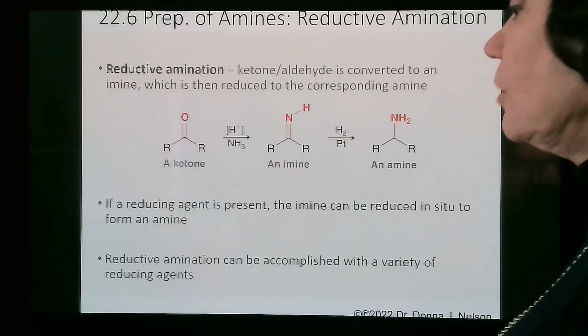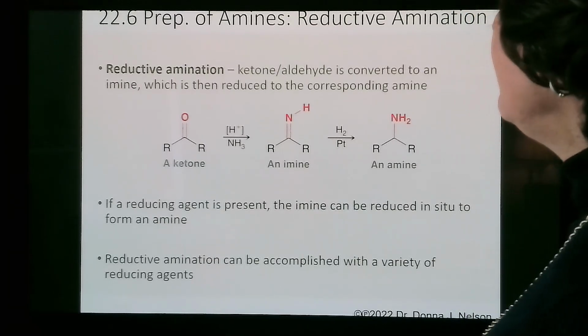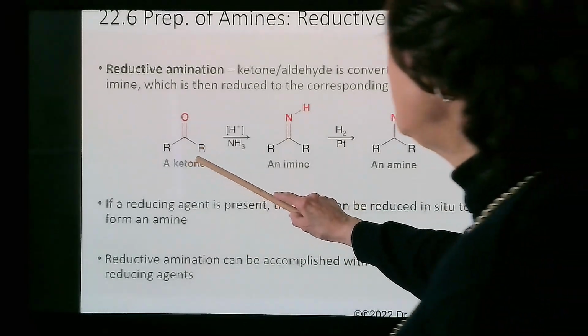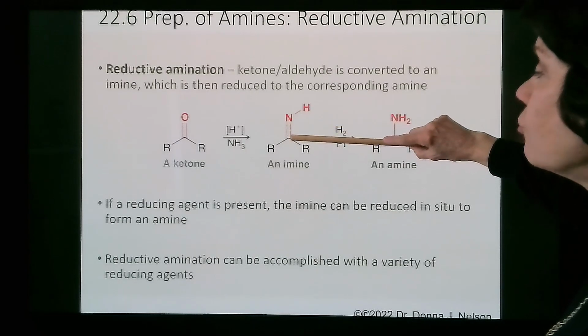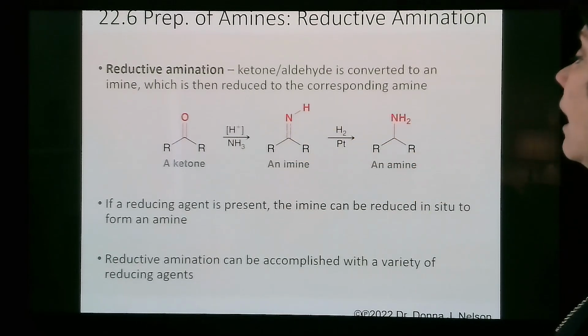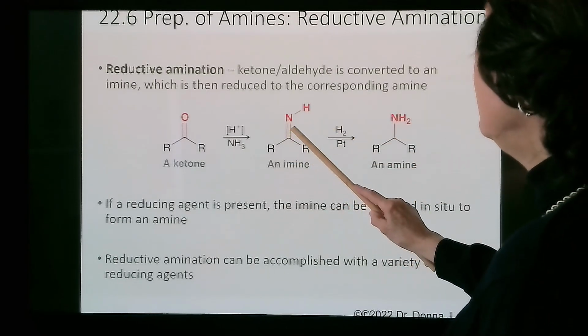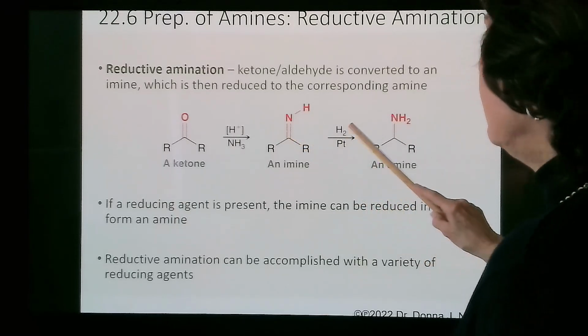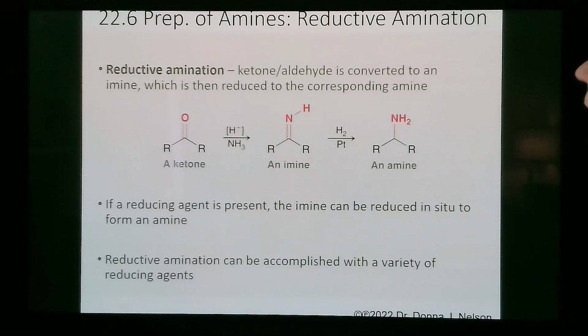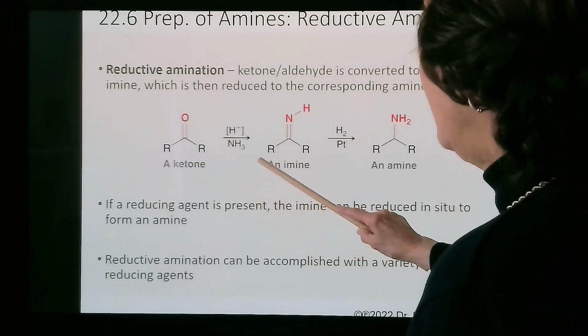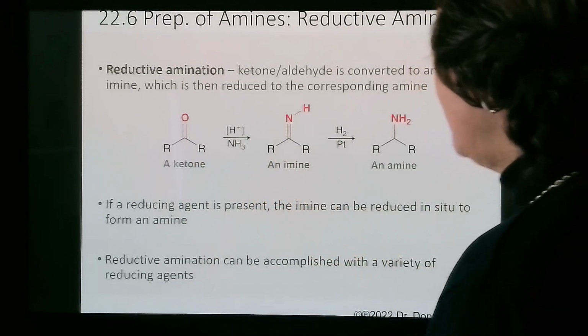Another method is reductive amination. The ketone or aldehyde is converted to an imine, a carbon-nitrogen double bond here, and then it is reduced by catalytic hydrogenation. Sometimes a reducing agent can just be present as the amination is done.